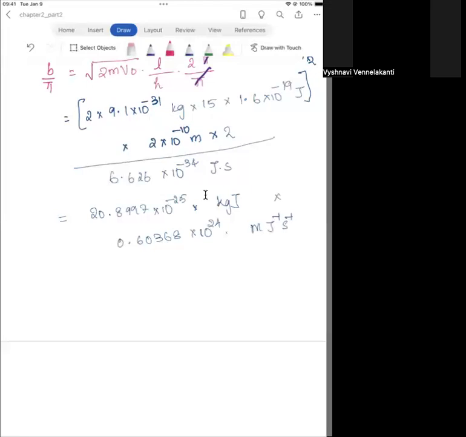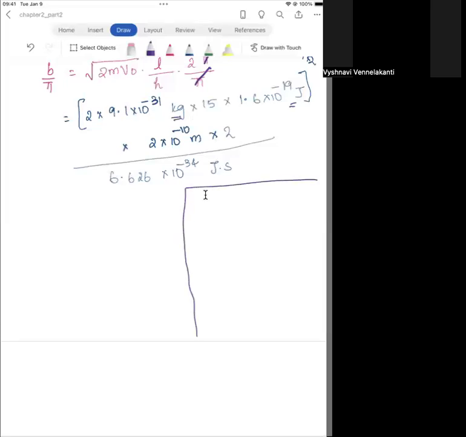Okay, so now if you're looking, once we have this, let me actually show you how the units work out.